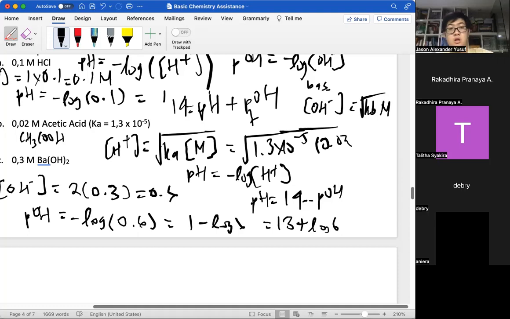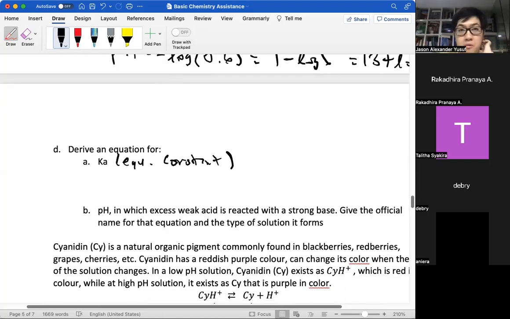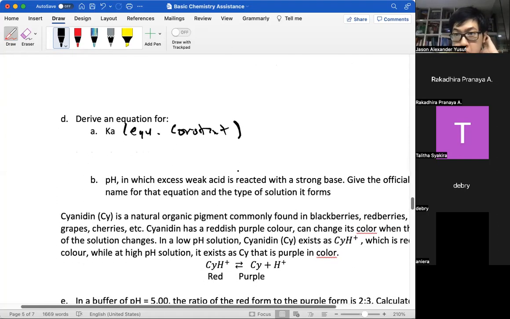Okay. Anyway, moving on. As I said before, the Ka is an equilibrium constant. So let's say I have an equation like this. This is a weak acid, right?